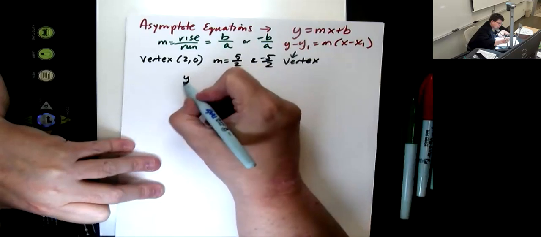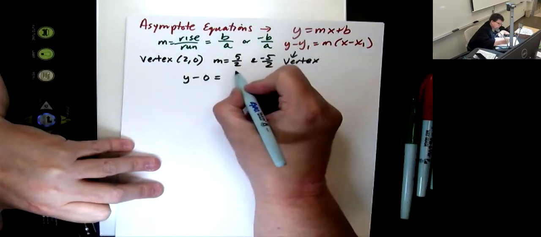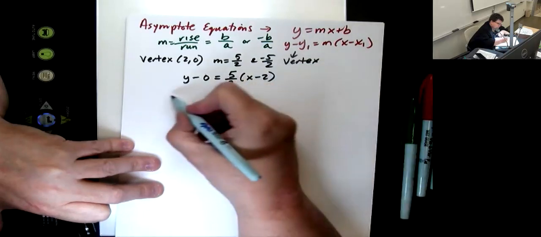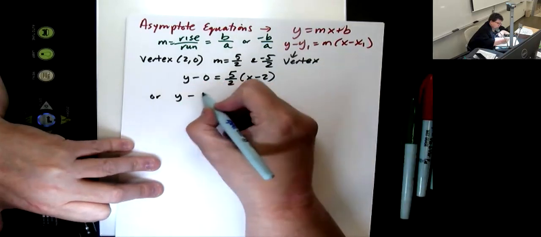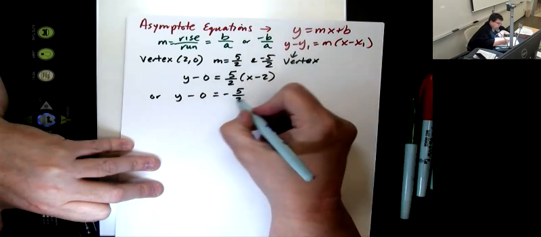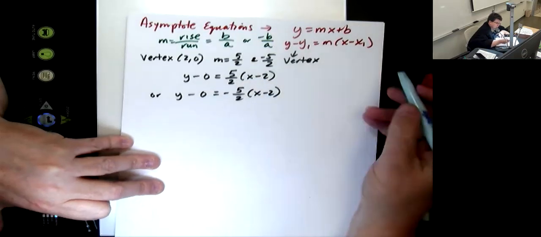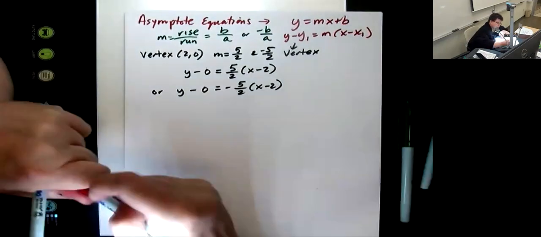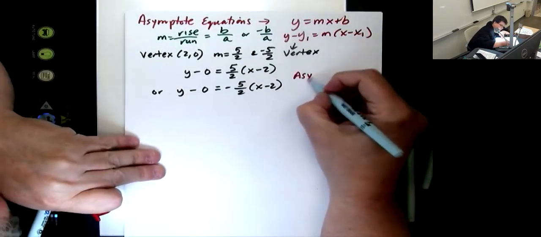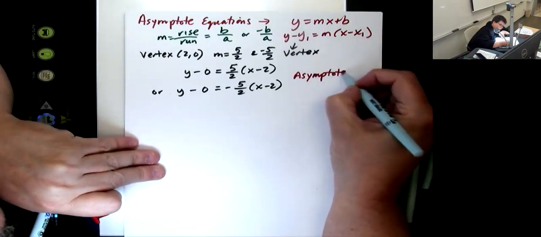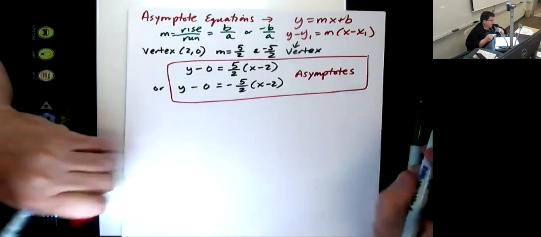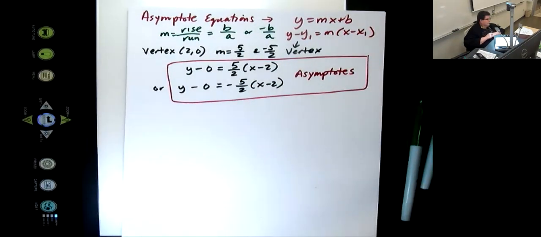My equation is y minus 0 equals 5 halves times x minus 2. And then the other one is y minus 0 equals negative 5 halves times x minus 2. Those are the asymptotes. If you remember the general formula for a line, and what slope means, they literally fall right out from what you have from that hyperbola.